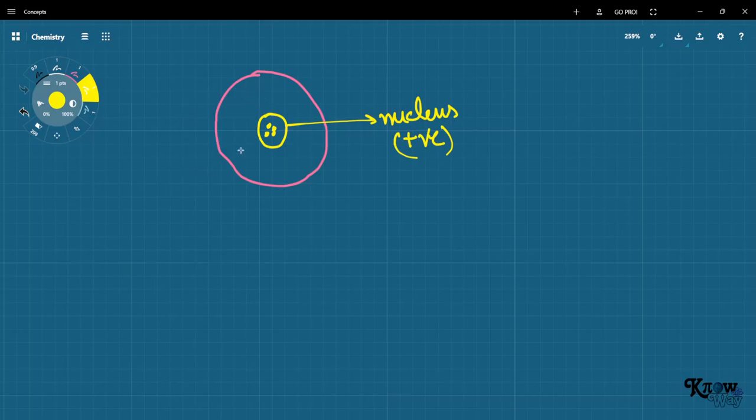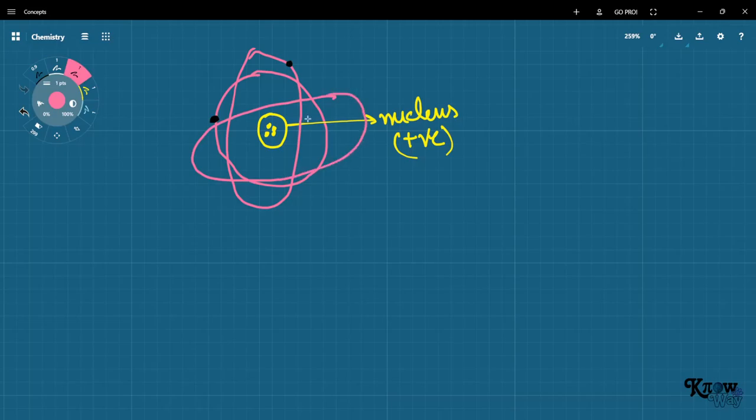And outside the nucleus, roaming in different orbits, this is orbit 1, this is orbit 2 and this is orbit 3, there are electrons, which are negatively charged.